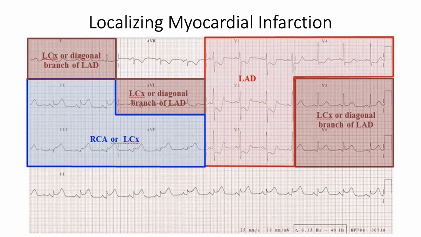It can sometimes come off the left circumflex though too, but typically these 2, 3, AVF are going to be right coronary. Leads 1, AVL, V5, V6 are typically going to be from the left circumflex, and leads V1 through V4 are more specific to the left anterior descending artery that feeds the anterior left ventricle.